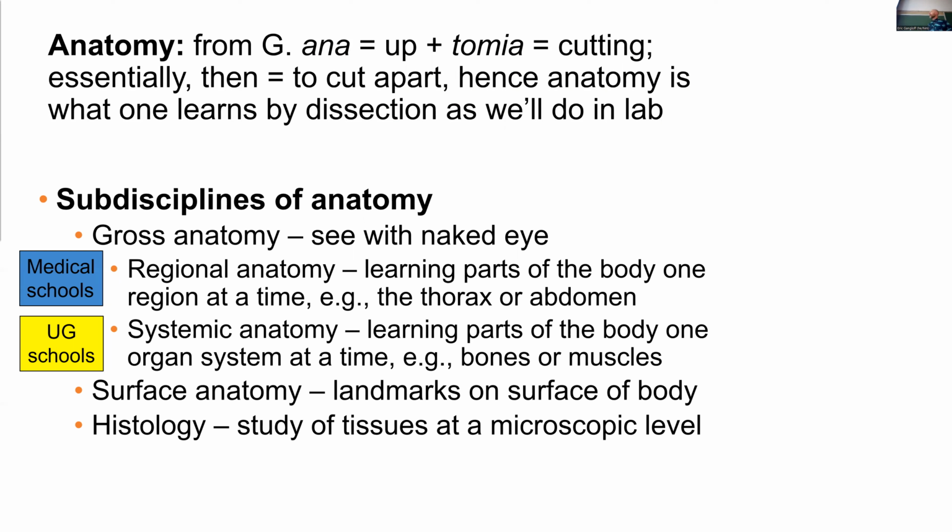Come on in. Regional anatomy is taking a section of the body and learning all of the parts that are in that body. So we can, for example, study the abdomen, and then you learn all of the different organs and body structures that are in the abdomen, or the head, and you learn all the different structures in the head. And that's generally how medical schools approach anatomy.